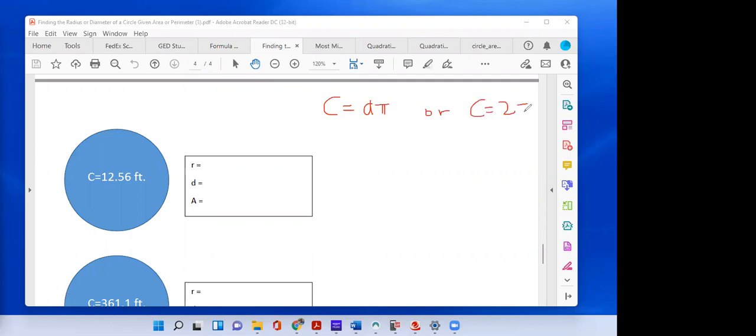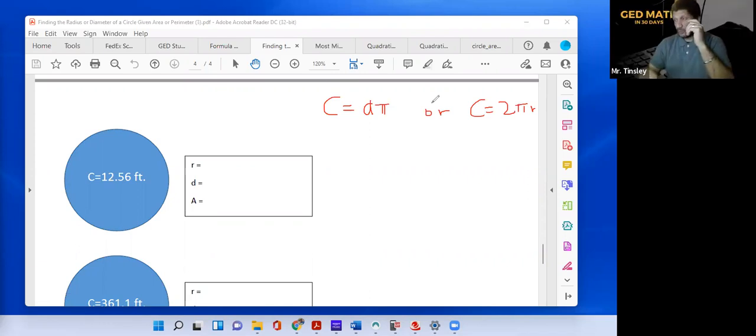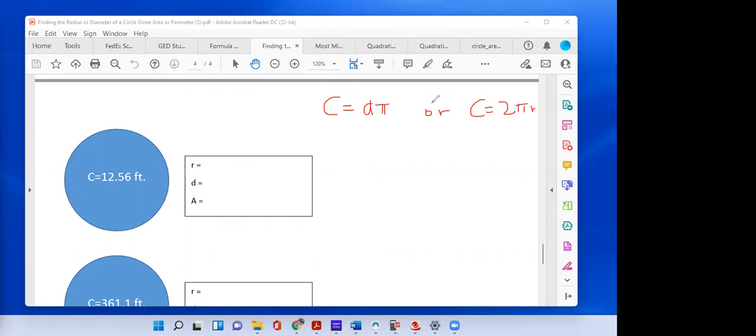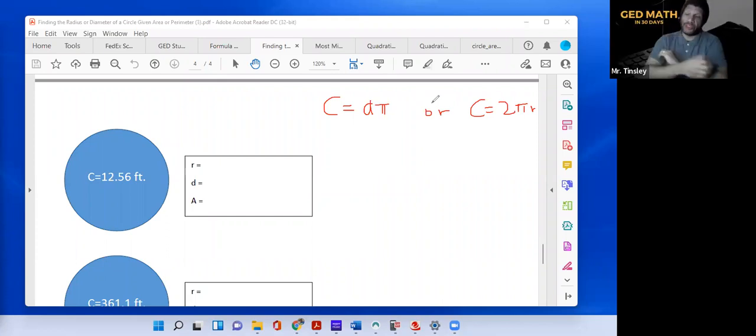Okay, so remember. Excuse me, guys. Another question, Mr. Tinsley. Yes. Will the formula sheet be on the GED test, right? They'll let you have it. Yeah. So if you're taking it from home, it's going to be online. You'll be able to open it up online. If you take it in person, this is what you have to do for your testing center: call them first and ask them, will they give you the formula sheet?